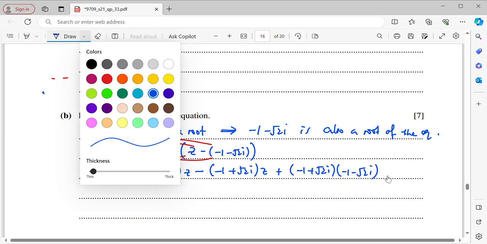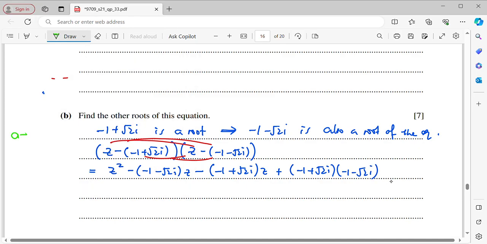This one we can simplify using (a plus bi) times (a minus bi) is going to be a squared plus b squared. Okay, so here I will simplify using this later on.